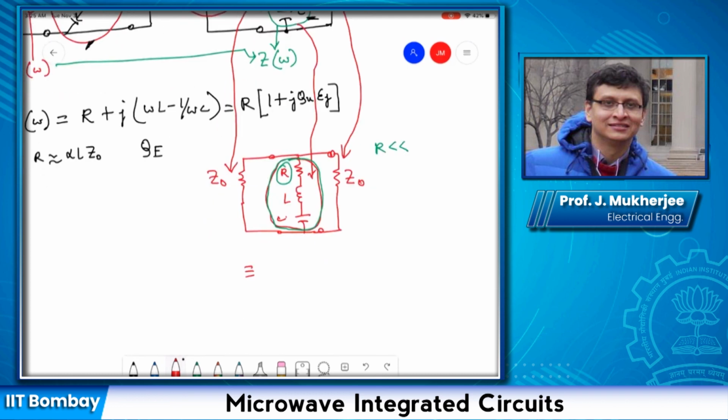We have these two impedances in shunt with respect to this resonator.